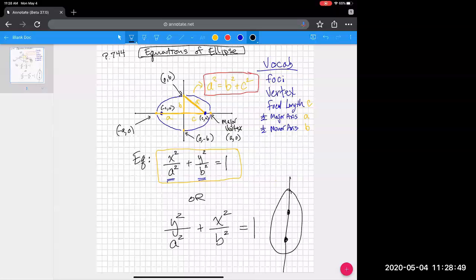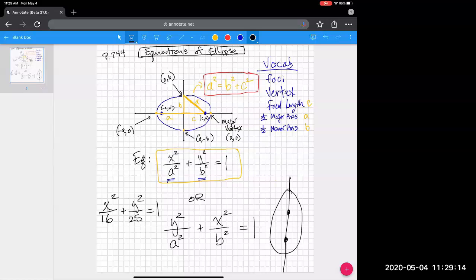And so if I was given an equation, since this is a plus, it doesn't really matter which way they're written. So for example, if I have x squared over 16 plus y squared over 25 equals 1, then you would want to take note of the fact that the number under the y is larger than the number under the x.